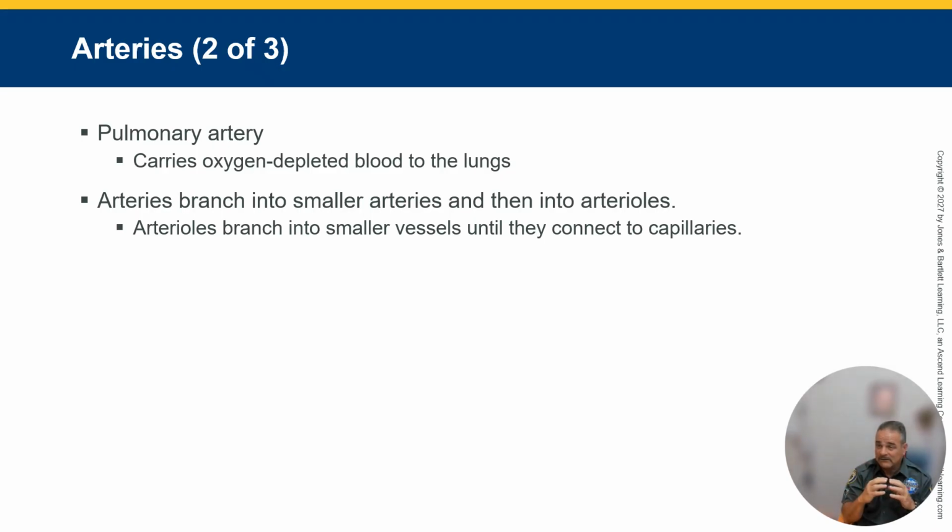And to return it back to the body, it's already oxygenated, so the pulmonary vein will send it back. So don't get those two mixed up. It will screw you up, and you'll end up missing it on a test. So the pulmonary artery carries unoxygenated blood. The pulmonary vein carries oxygenated blood back to the heart so it can be distributed through the aorta back into the body.